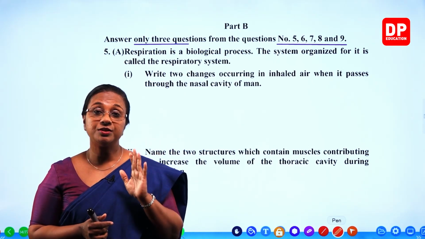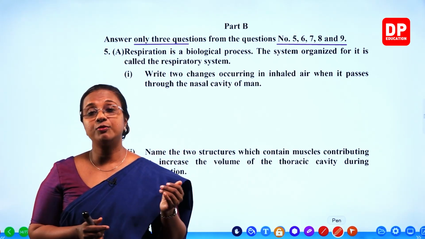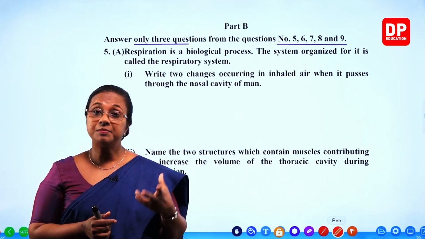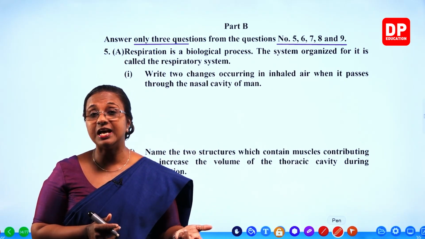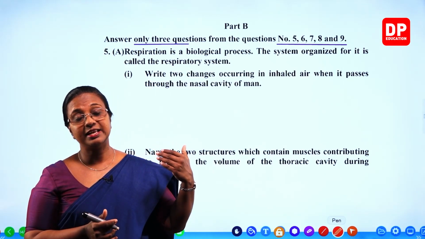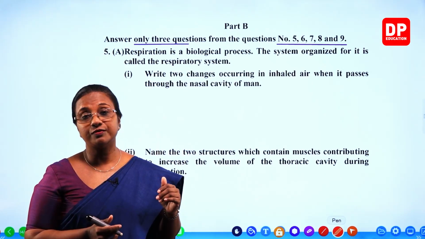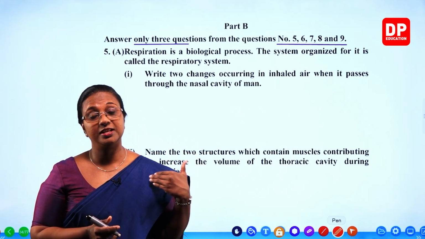With the movement of the cilia, these particles are released back into the environment. That is why when you go to a dusty place or touch something very dusty, you sneeze. When sneezing, the dust particles are given out of the respiratory system so that they don't enter the respiratory tract.